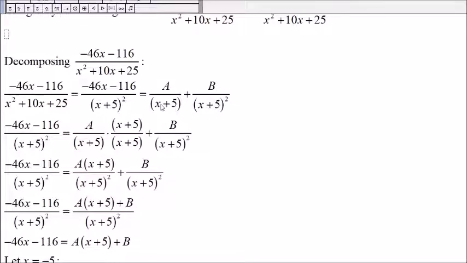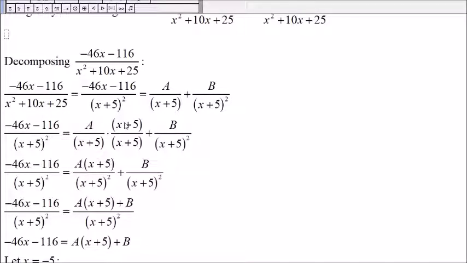Here the common denominator is x plus 5 squared. So we need to multiply this quotient by x plus 5 over x plus 5. And now the common denominator is x plus 5 squared.